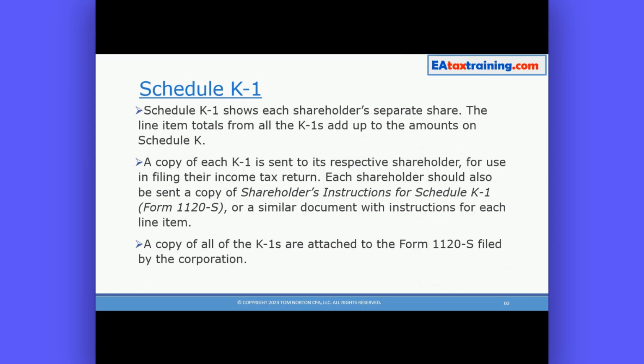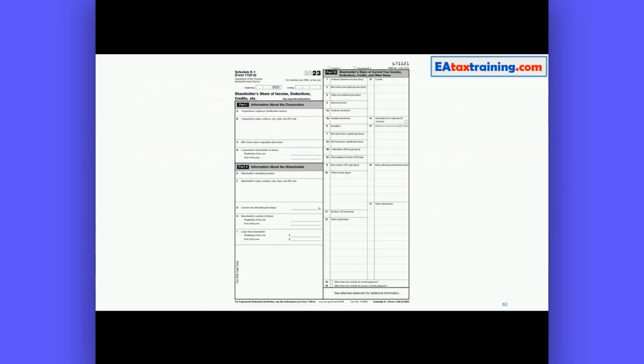And again, you should send them a copy of the instructions for Schedule K1 so they know what to do with those items on their tax returns. And then a copy of all the K1s are attached to the 1120S and sent to the IRS. So the IRS then knows what each shareholder should be reporting on their individual tax return.